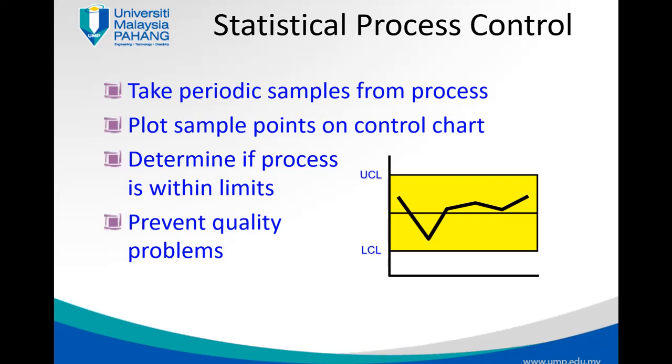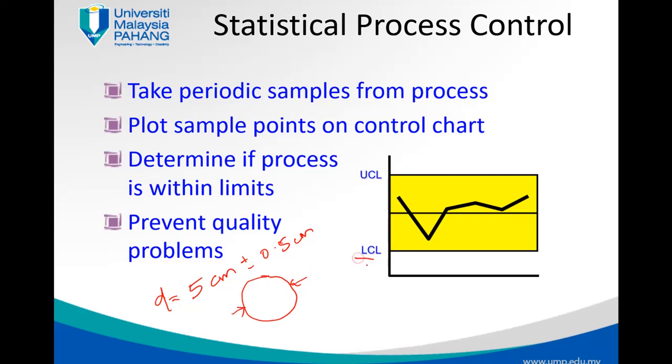For example, we have a machining process. We want to cut a sample into a round shape, and we have set it to cut to a diameter of, let's say, 5 centimeters. Then we will have some plus and minus, let's say 0.5 cm. We want to make sure that every single workpiece that we cut is within the limit.